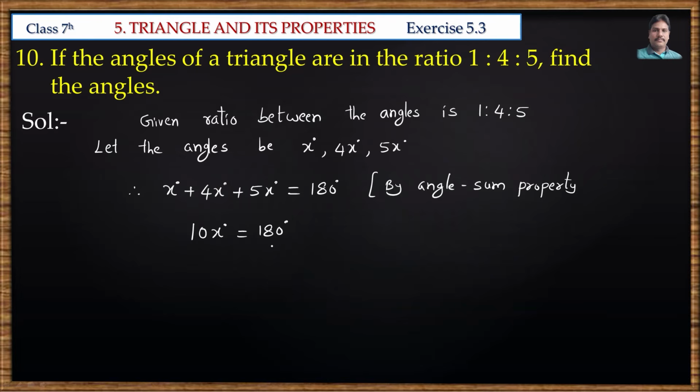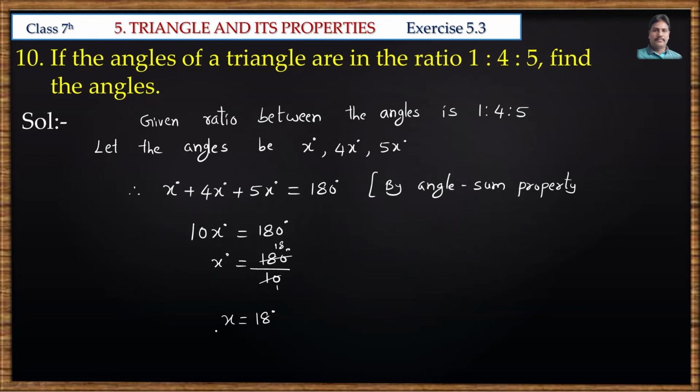If we transpose 10 to the right side, it will divide the 180. x degrees is equal to 180 by 10. 10 ones are 10, 10 eighteens are 180. So x is equal to 18 degrees.